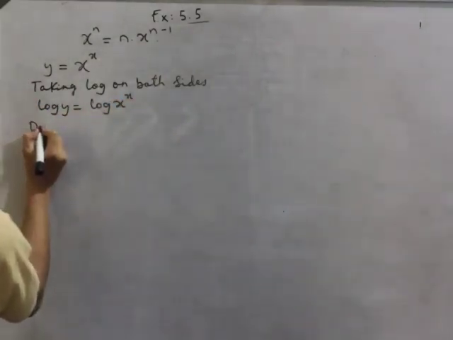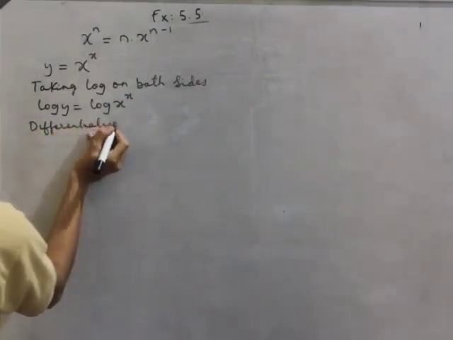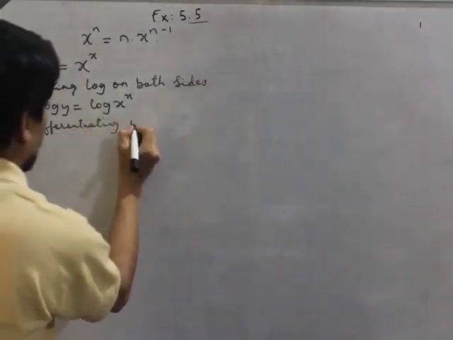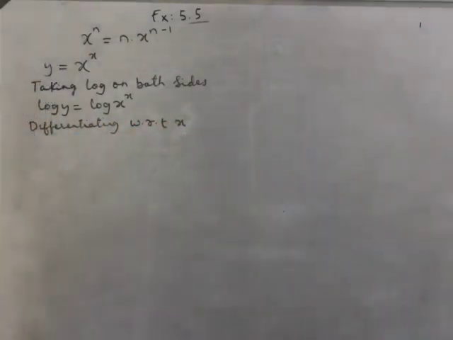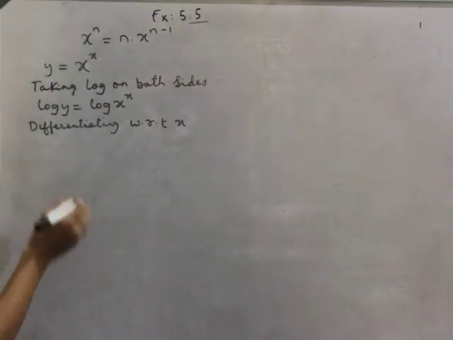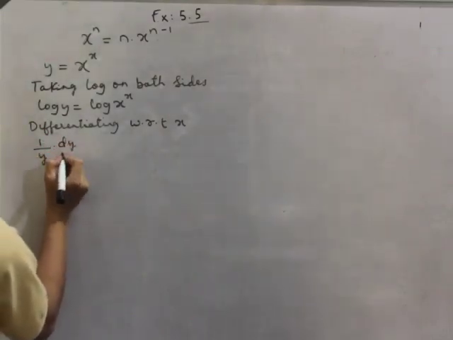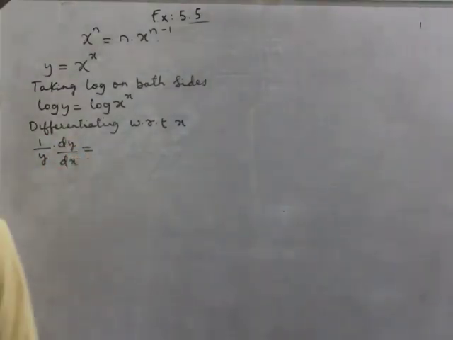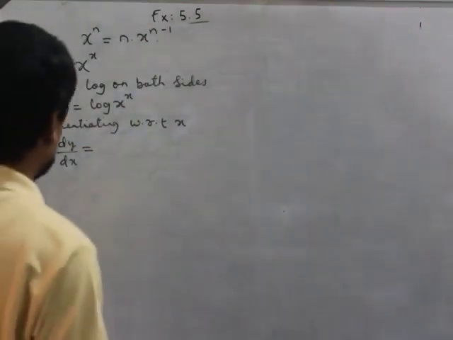The next step will be differentiating with respect to x. After taking log, you have to differentiate with respect to x. But first, log of a to the power of m can be written as m log a.